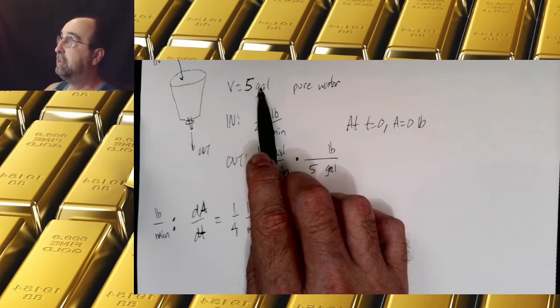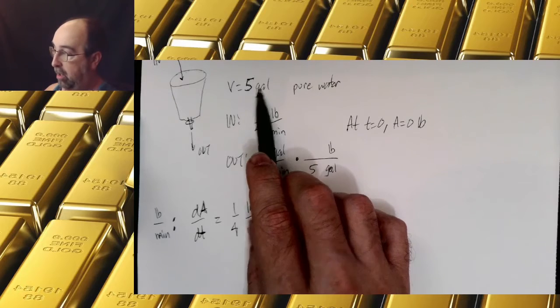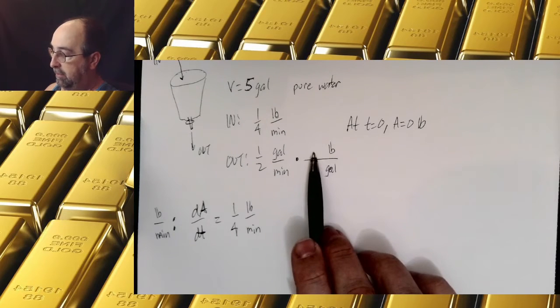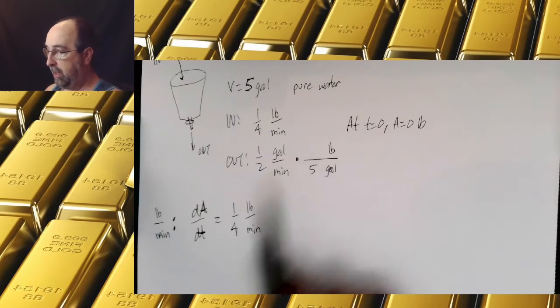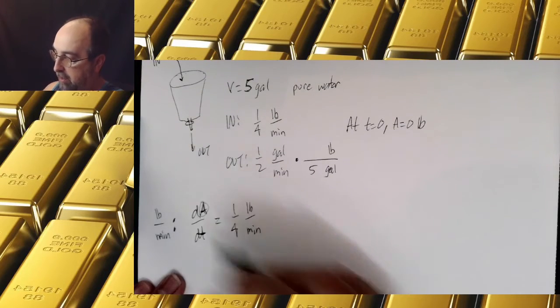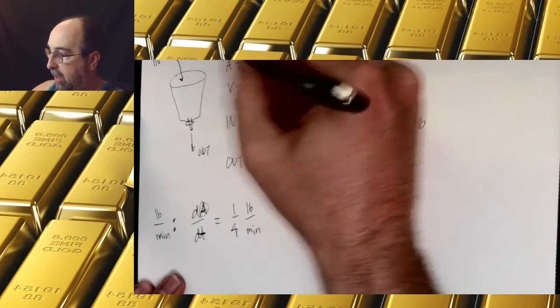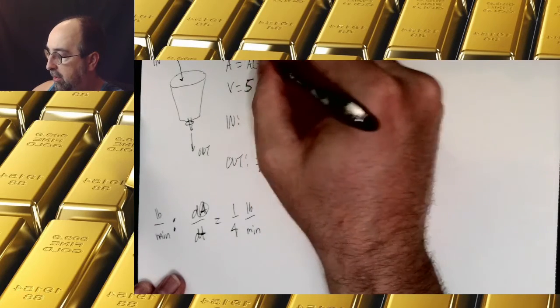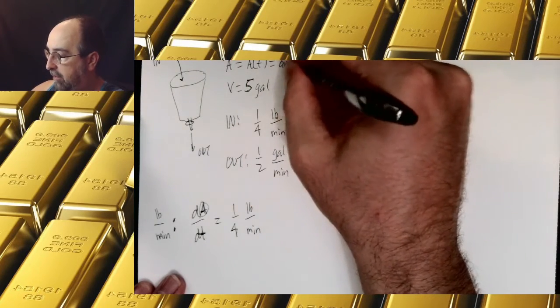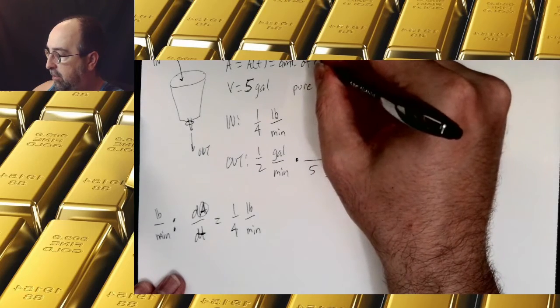But they've tried to make this number 39 problem a lot friendlier than some of the ones later. And the amount of salt in the bucket, well, we don't know what that is, but that's supposed to be what A stands for. So up here we could have said A actually means A of t, which is the amount of salt at any moment in time.